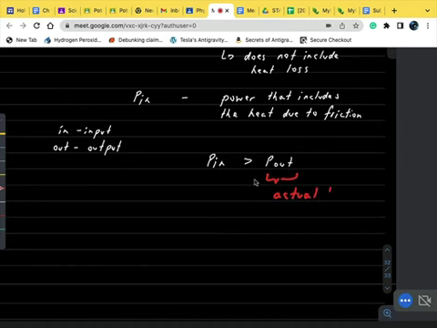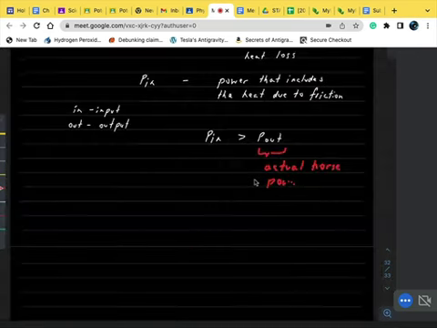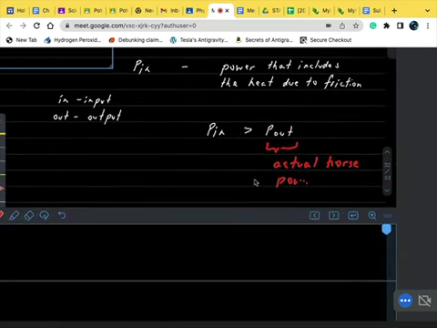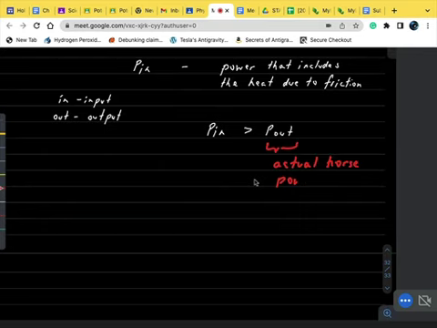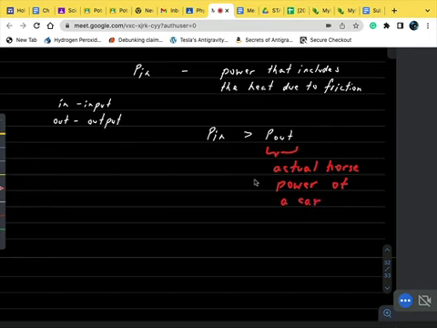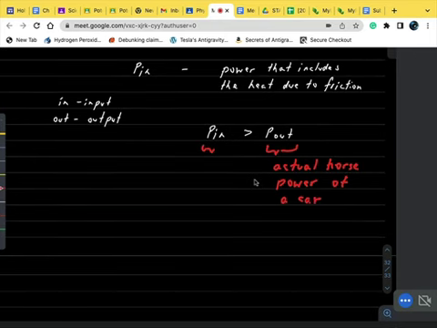Actual horsepower of a car. The input power would be the power you get from burning the gasoline, which goes into powering the car.